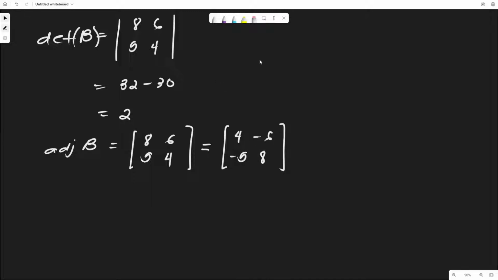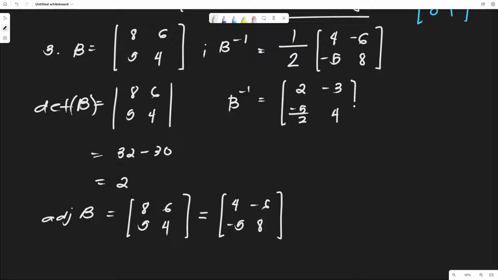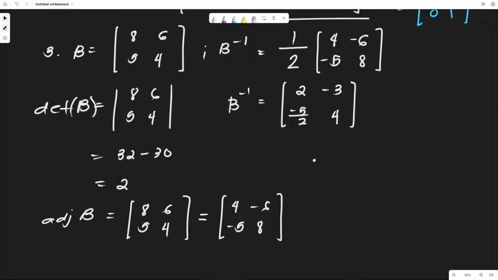That is what we will put here. Just applying scalar multiplication, the inverse of the matrix is equal to 2, negative 3, negative 5 over 2, and 4. So that is our inverse. You check it on your own using matrix multiplication: multiply the original by its inverse, and the identity should come out.